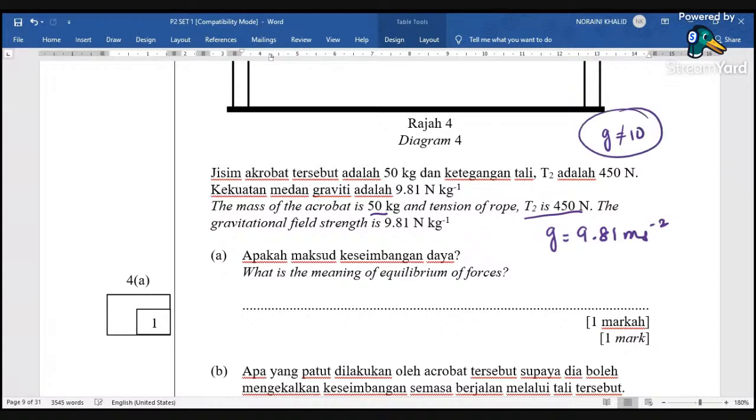Okay. So what is the meaning of equilibrium of forces? Keseimbangan daya.